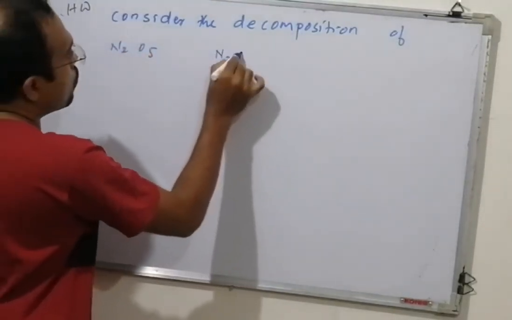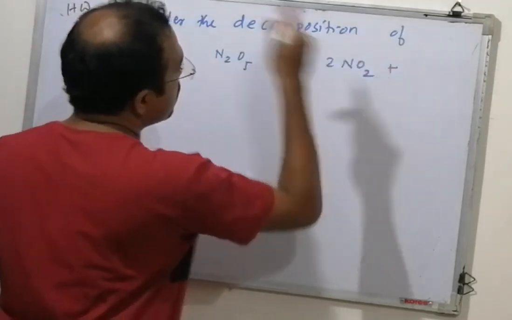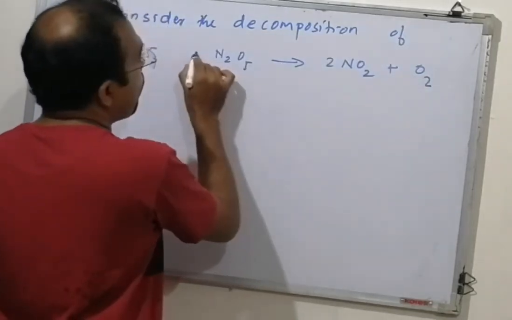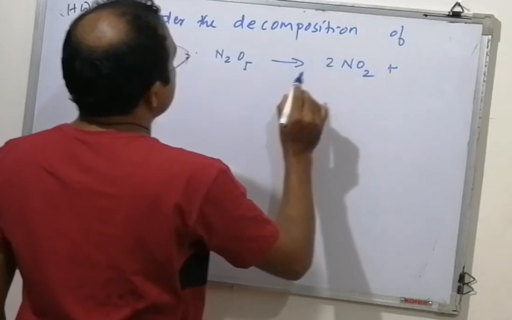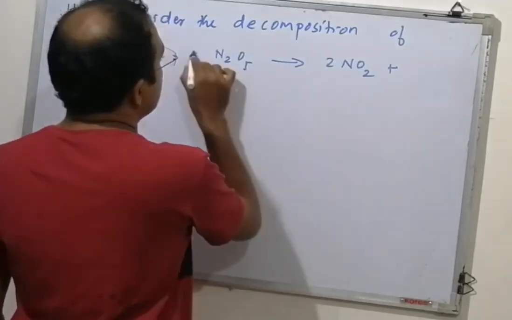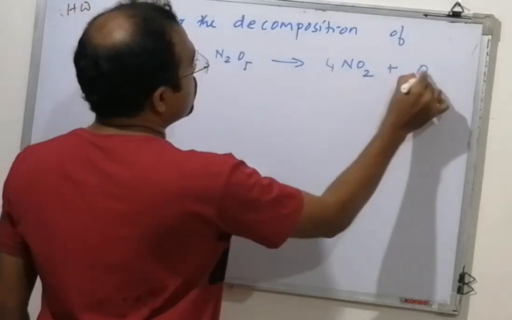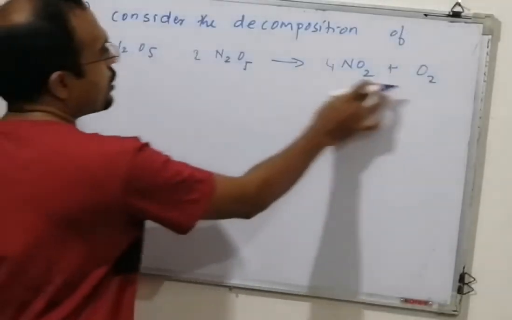That is N2O5 gives 2NO2 plus O2, or 2N2O5 gives 4NO2 plus O2.